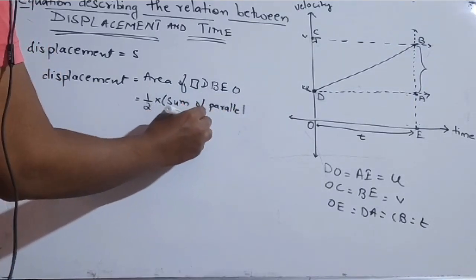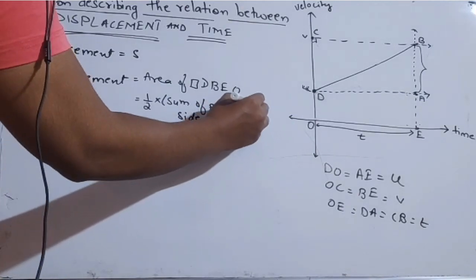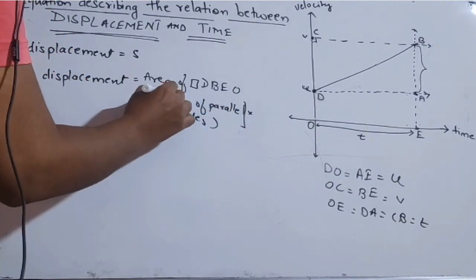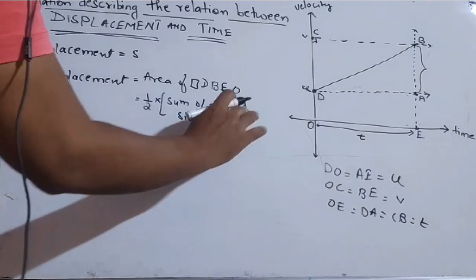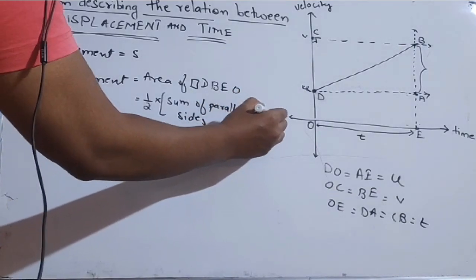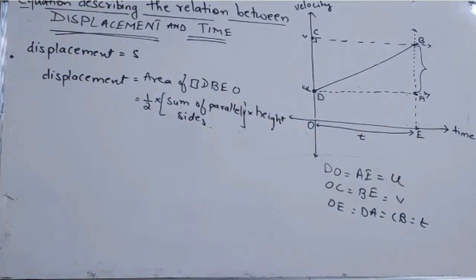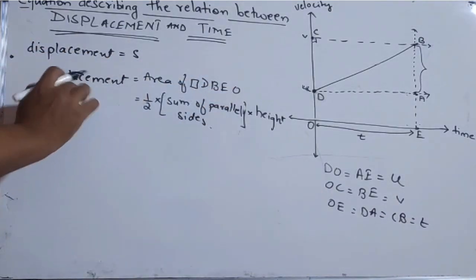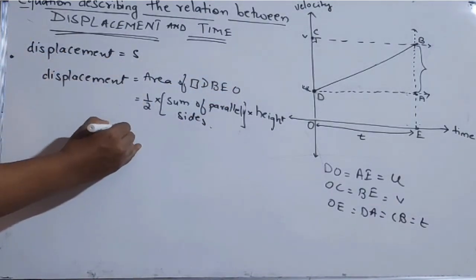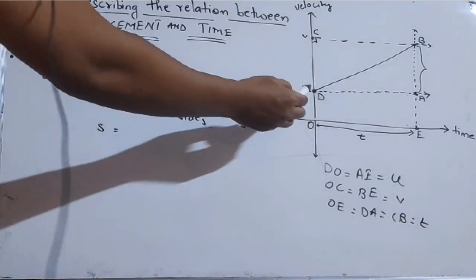The area of a trapezium is half into the sum of parallel sides multiplied by height. According to this, the displacement is denoted by S. Which are the parallel sides?